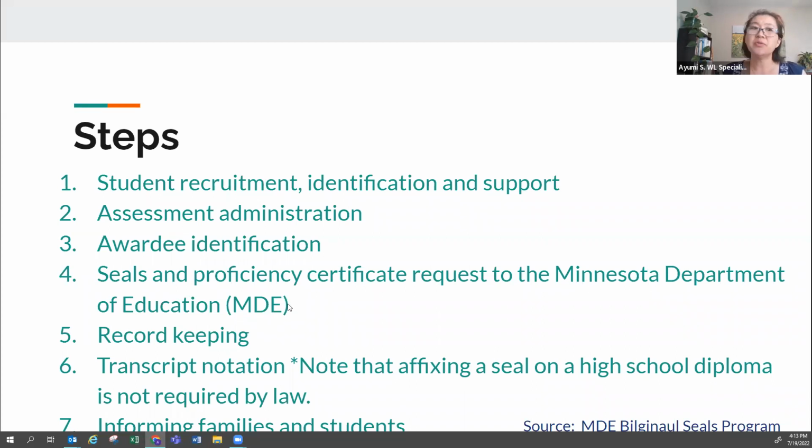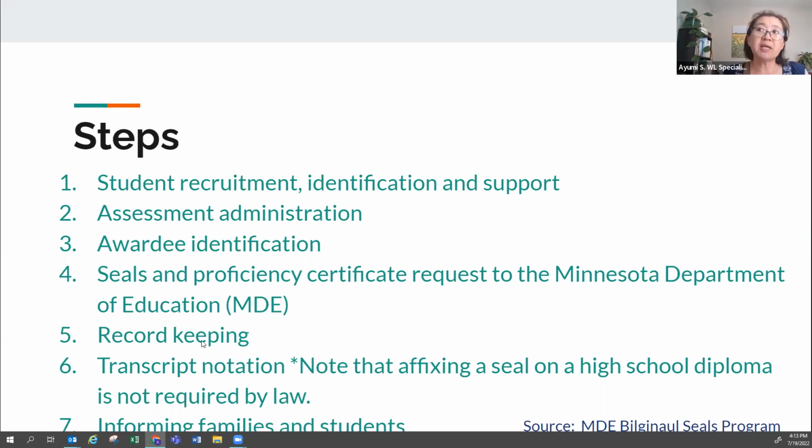Then we give schools the template for the certificate. This request form also serves the purpose of reporting, so that the state of Minnesota can keep track of students' awardees and in what languages students are receiving them.